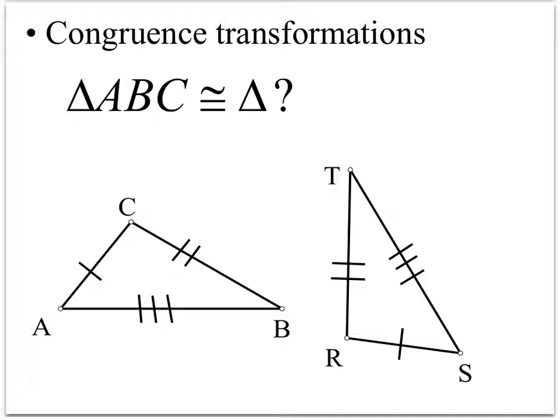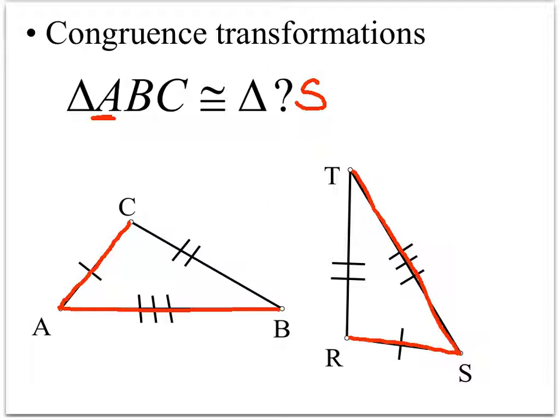So what I do is I see that angle A is the first angle, and that over on the left triangle, it is the angle formed by the side with 1 mark in it and the side with 3 marks in it. So I'll just find that same angle over on the other triangle, and I can see that angle S is the angle here that's formed by the side with 1 mark in it and the side with 3 marks in it. So S will be the first letter of this name.